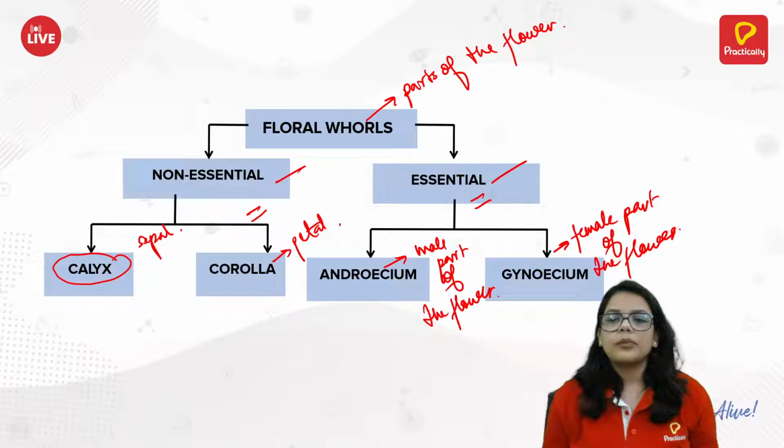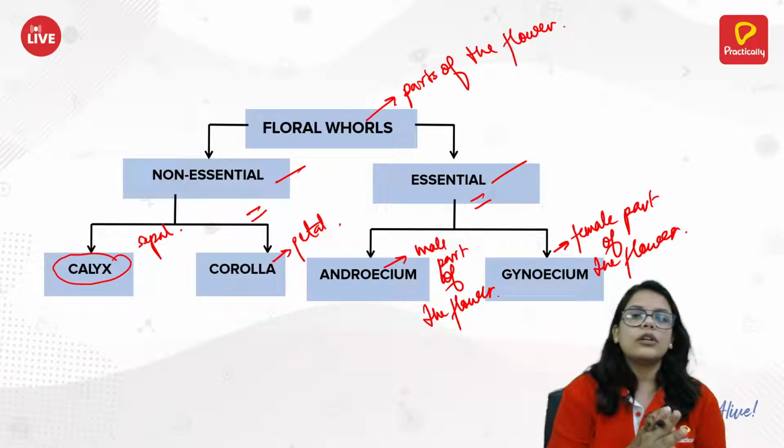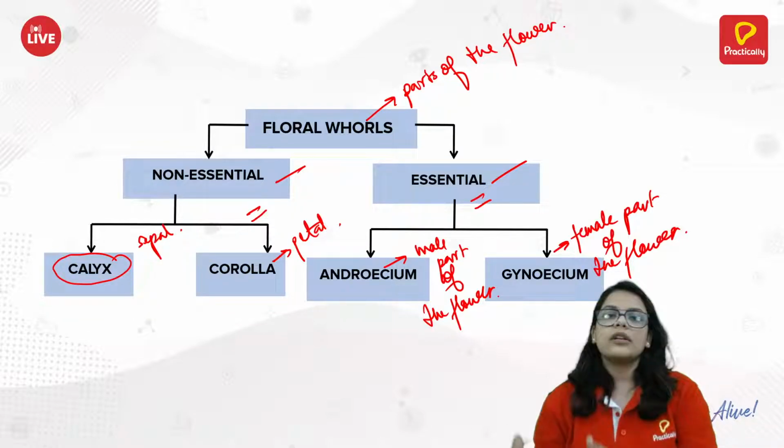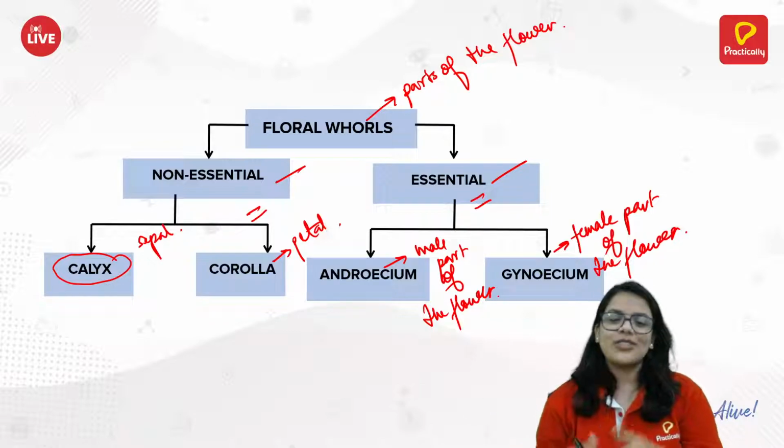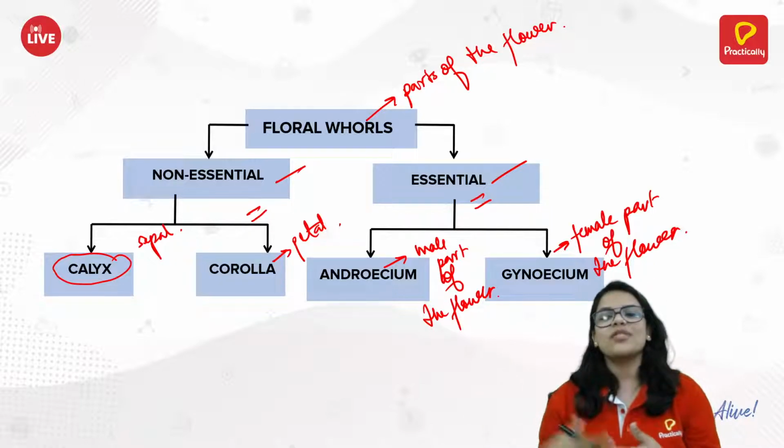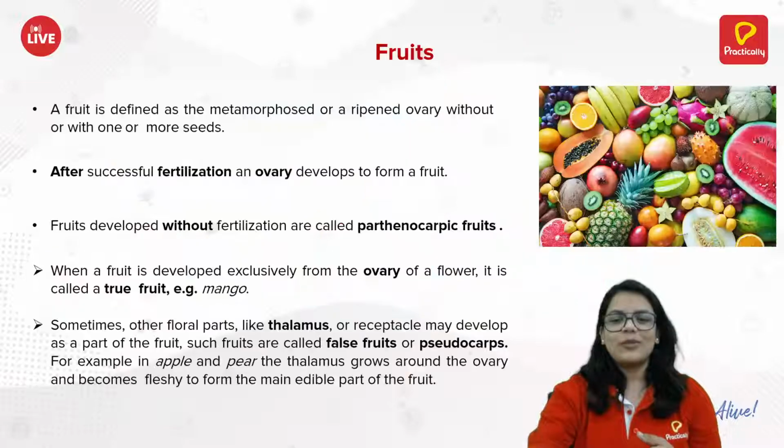So, floral whorls: non-essential are calyx and corolla; essential are androecium, the male part which gives the male gamete, and gynoecium, the female part which gives the female gamete.